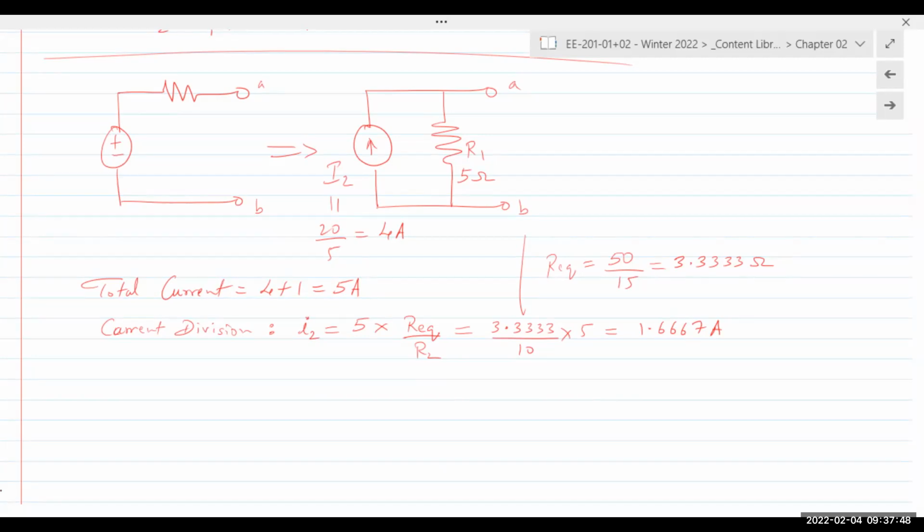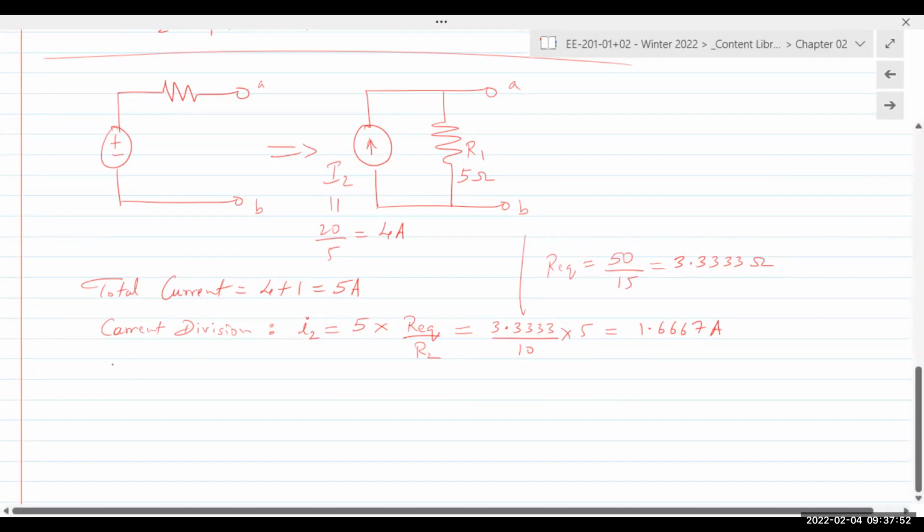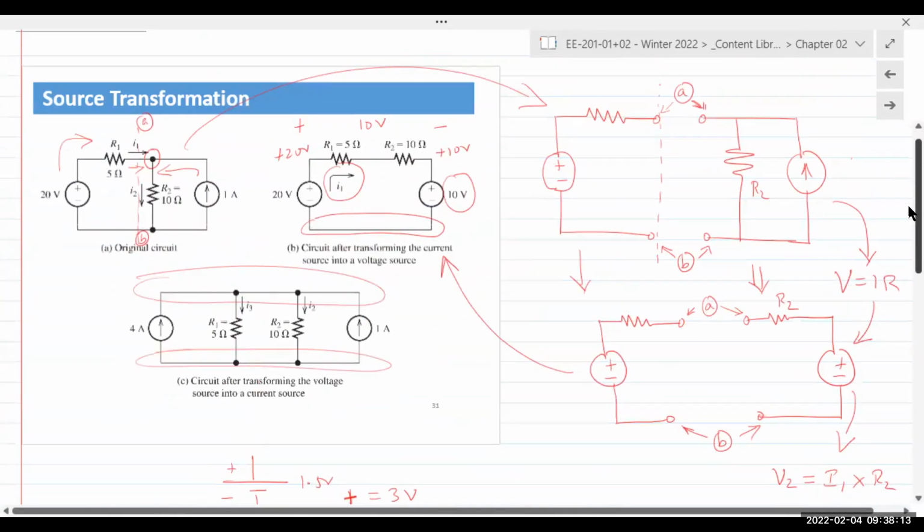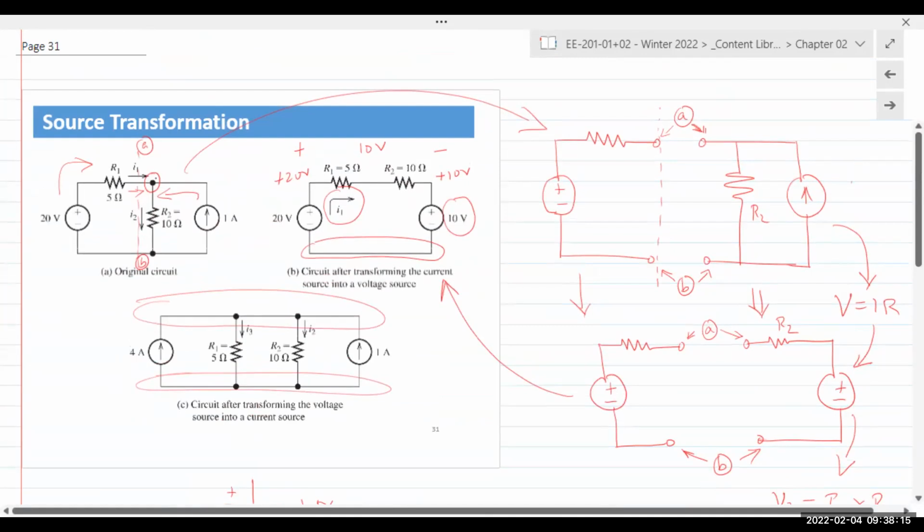Now if you wanted to find I1 from this, we would again apply KCL in the original circuit, in circuit A. This time the KCL equation would still remain the same, except now we have I2.